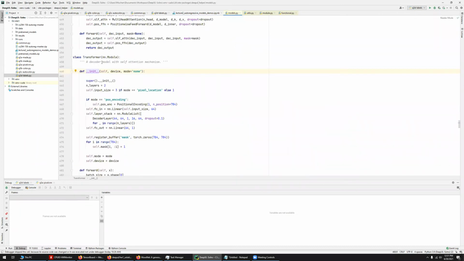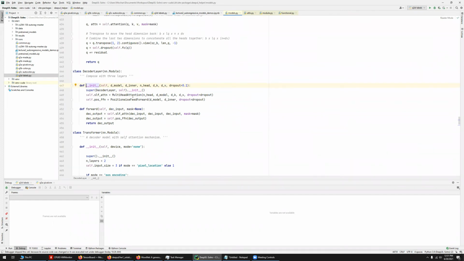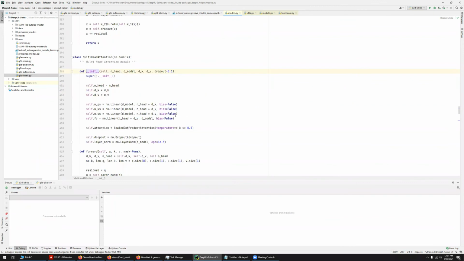This is the transformer from their repo, and I think there's the multi-head somewhere. I guess there's the decoder layer. They have a slightly different implementation of the multi-head attention that they're using.